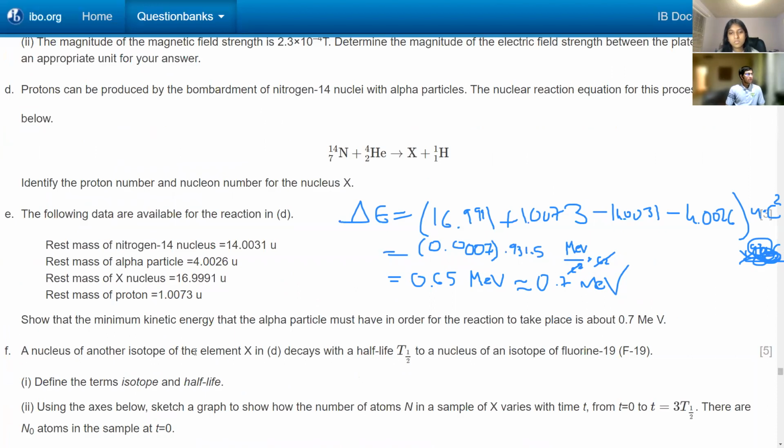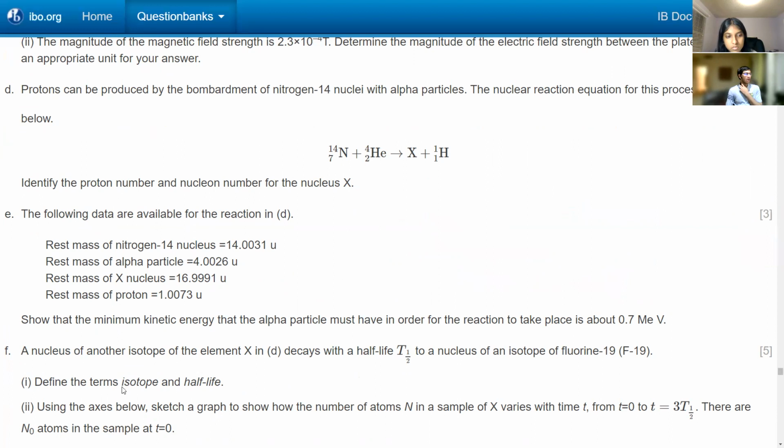A nucleus of another isotope of the element X decays with the half-life T half to a nucleus of an isotope of fluorine 19. Okay, isotope. What's an isotope? Nuclides with the same number of protons but different number of neutrons.